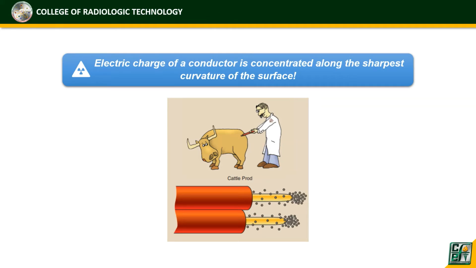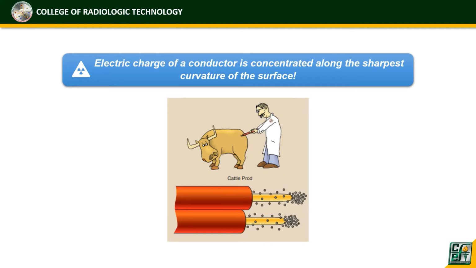However, electric charge of a conductor is concentrated, or mas madami ang concentration or ang bilang ng electric charge sa isang conductor, along the sharpest curvature ng surface, meaning sharpest na paliko. Sharpest na curvature, either paliko, tupi, or dulo.